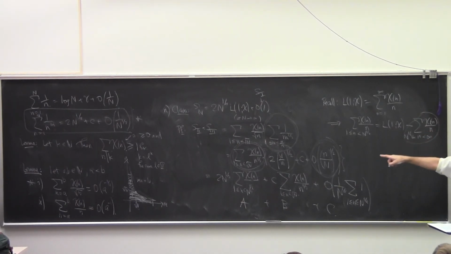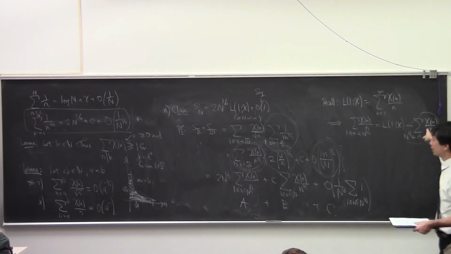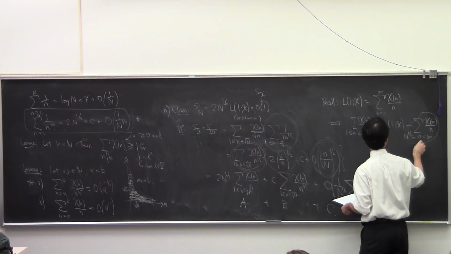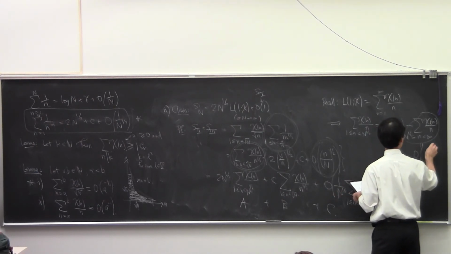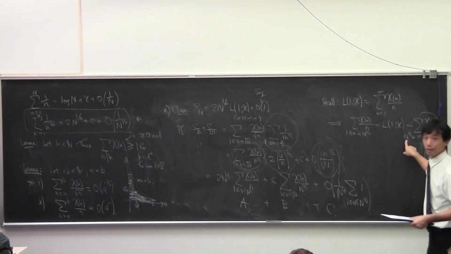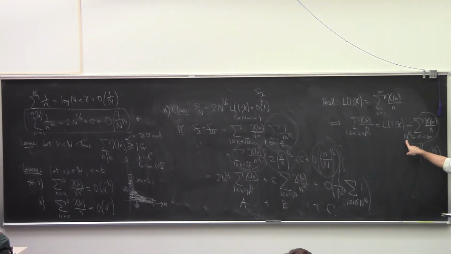This is one of those things that we have control over in the lemma. This is on the order of n to the -1/2, 1 over the lower index, the lower bound.